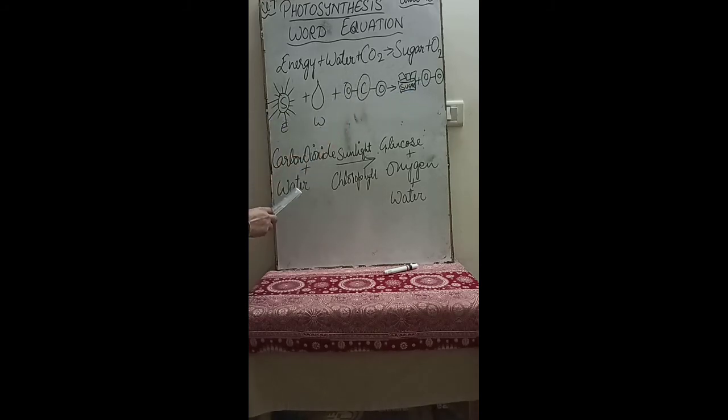Now this is the word equation of the process of photosynthesis: carbon dioxide plus water, in the presence of sunlight and chlorophyll from the green plants, produce glucose plus oxygen plus water.